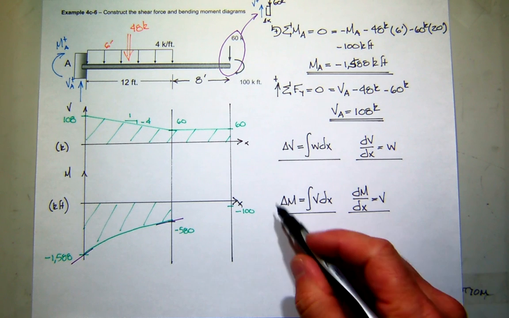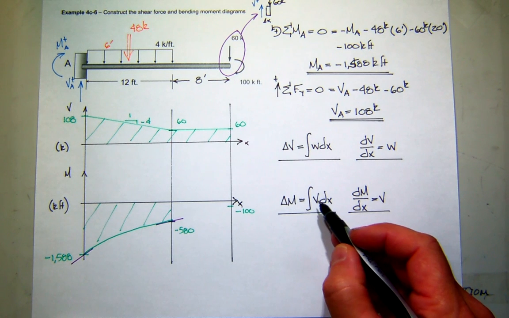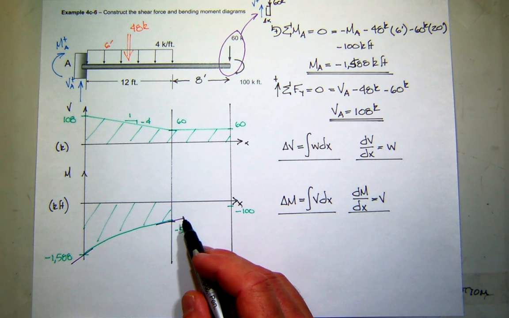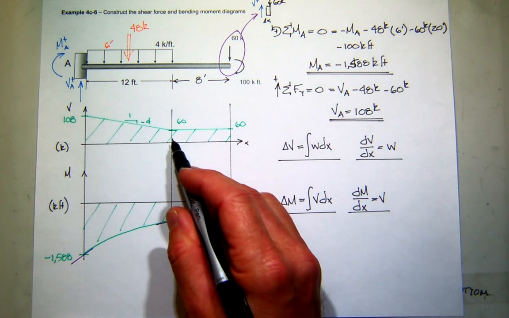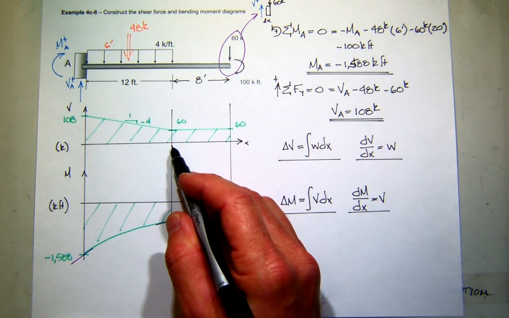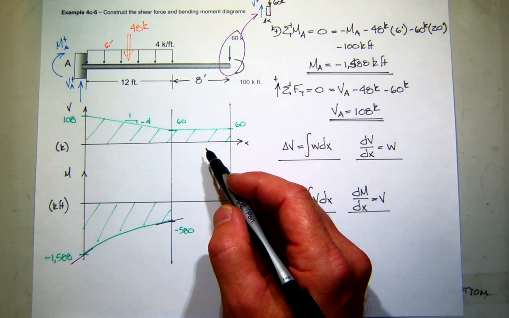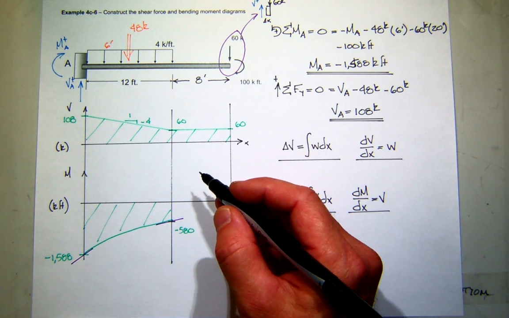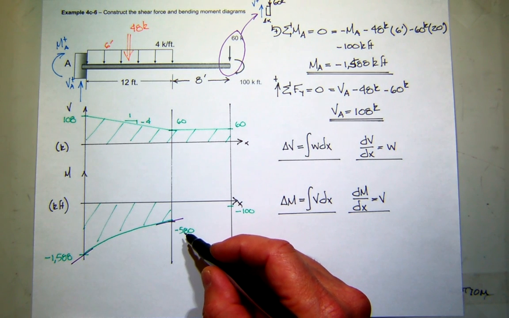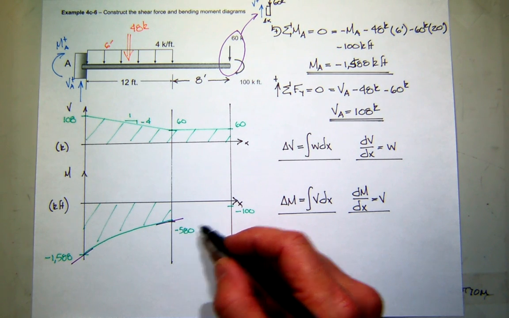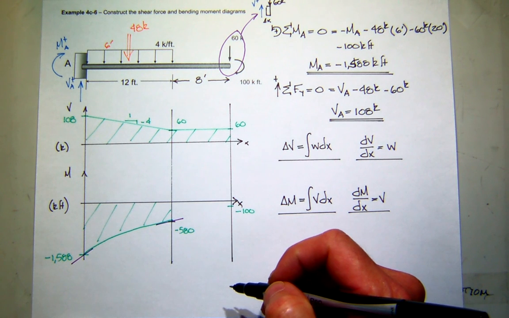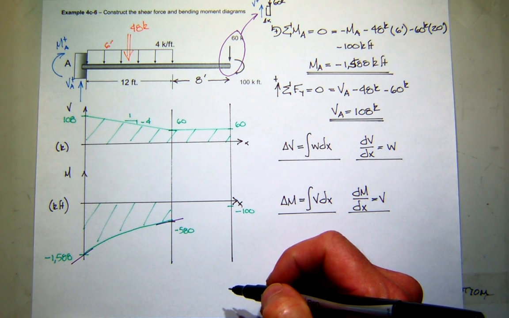Now going back to our relationships, the change in moment is the area in the shear diagram. So now from 12 to 20, what's the area in the shear diagram? It's a rectangle. 60 times 8 is positive 480. So negative 580 plus 480 gives us negative 100. Works.